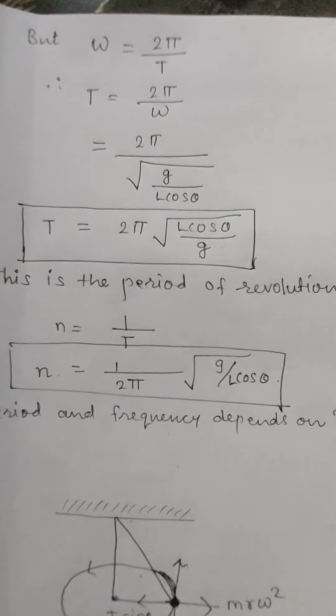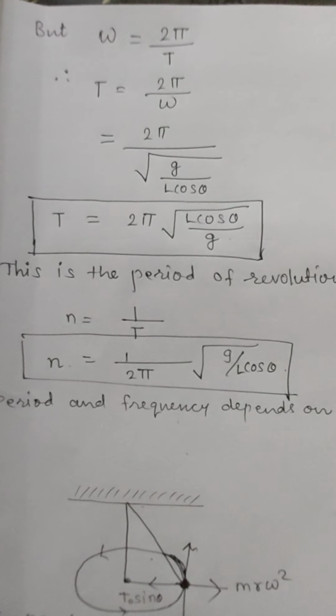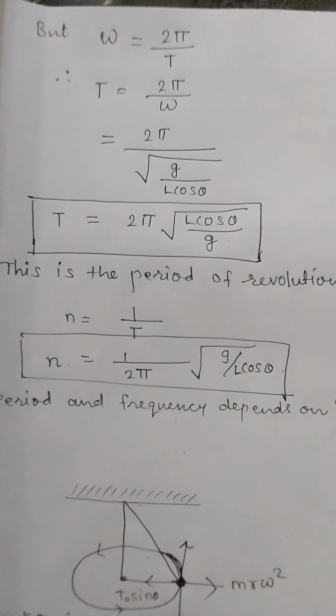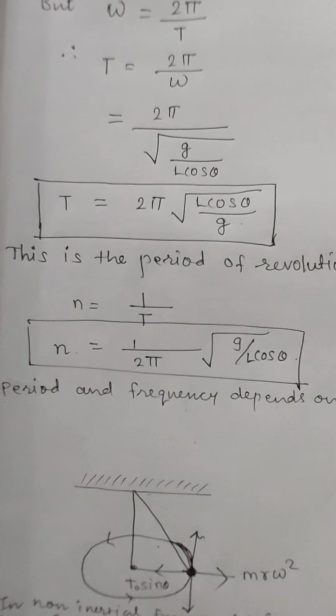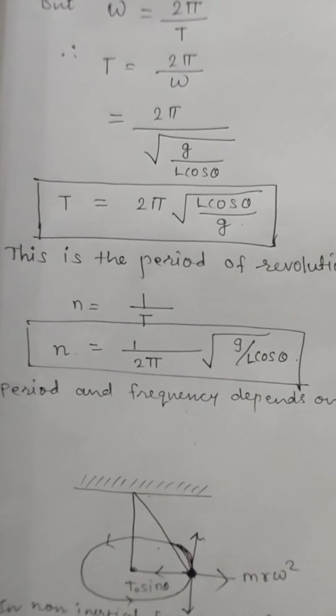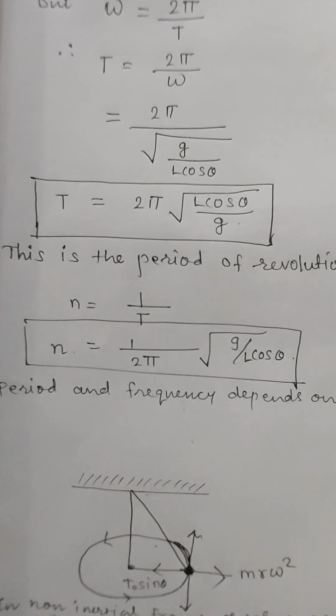In the same way, we can calculate the frequency of revolution. Frequency means the number of revolutions in unit time. It is nothing but the reciprocal of periodic time.